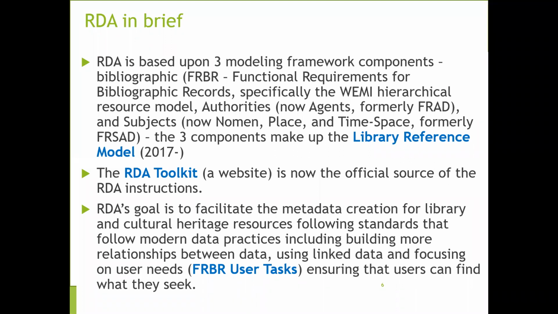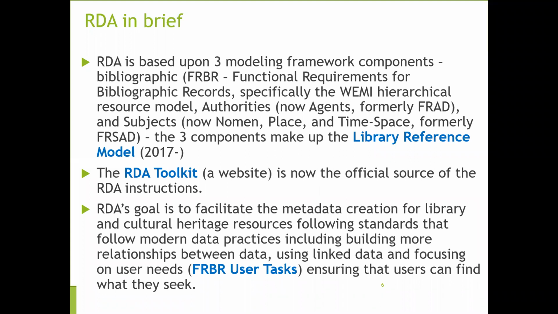And then place, because geographic place, and then we've added a new one in subjects now called time space, and this really has to do with time and events, which in traditional cataloging we've not had as much. This was formerly called FRSAD. Again, functional requirements. How do we want our subjects, authority data, how do we want that data to function?